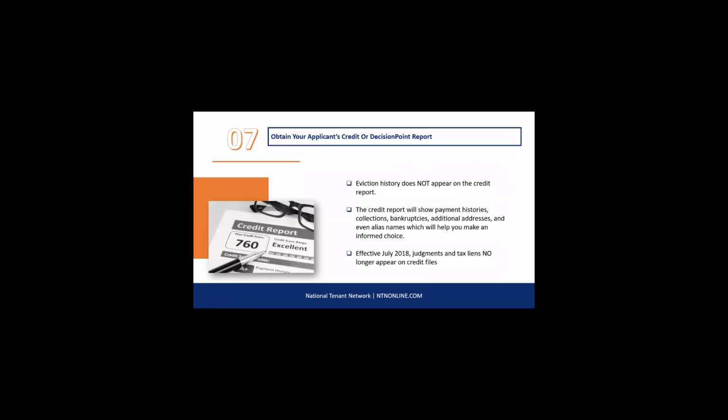Many of our customers, in fact, because of liability issues and some other things, use our report called Decision Point. And Decision Point provides an analysis of the individual's credit, combined with the eviction history and some other pieces of that same puzzle, without the liability of having the entire credit report with it.